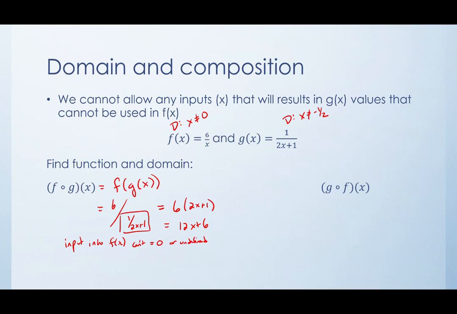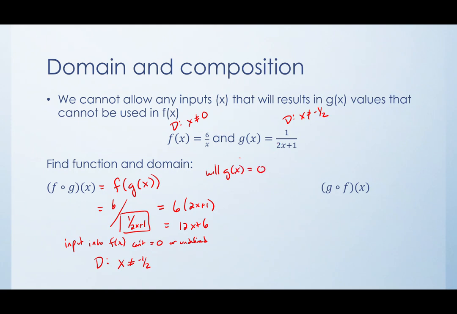And this is where GeoGebra may not give you the right answer, okay? So we know that g of x is undefined when x is equal to -1/2. So we have to exclude not only 0, but -1/2 also. So our domain, x can't be -1/2. But will g of x ever be equal to 0 for the output?